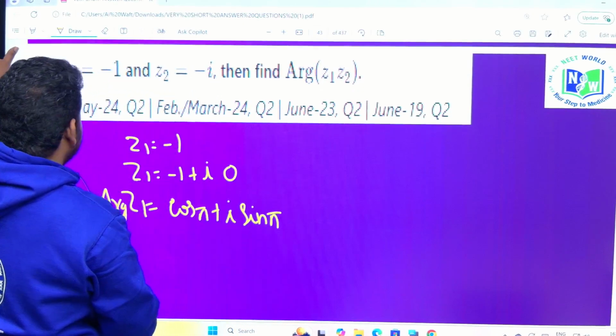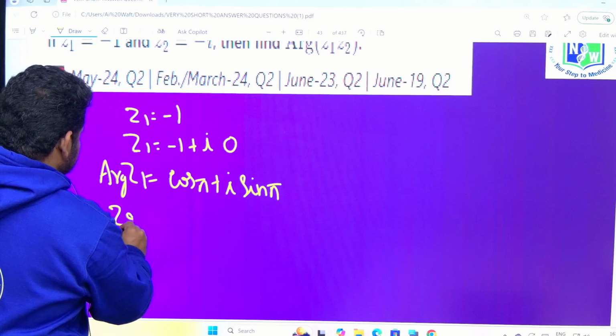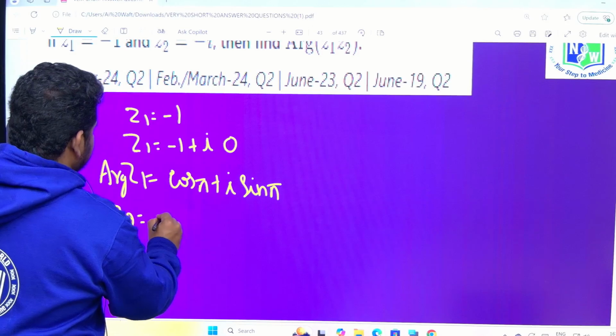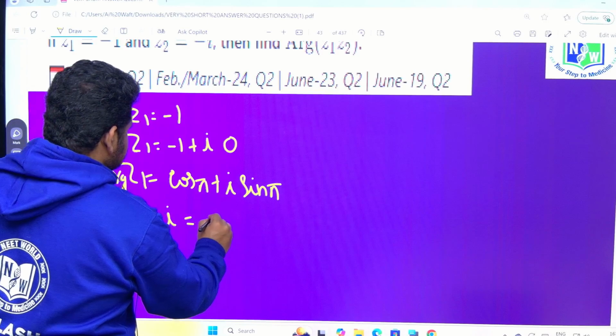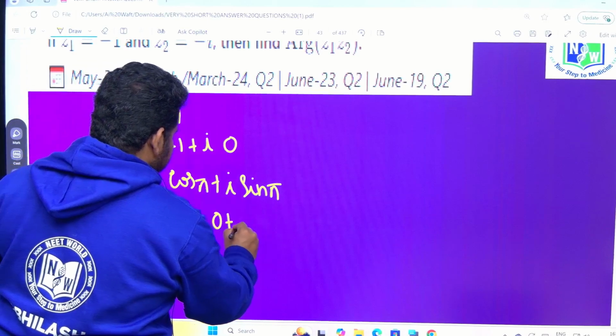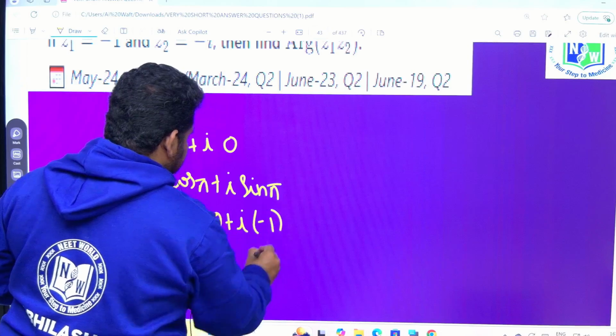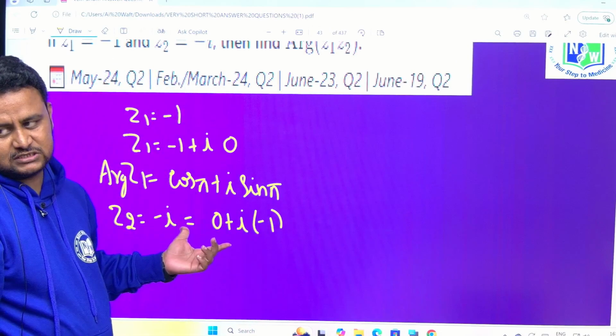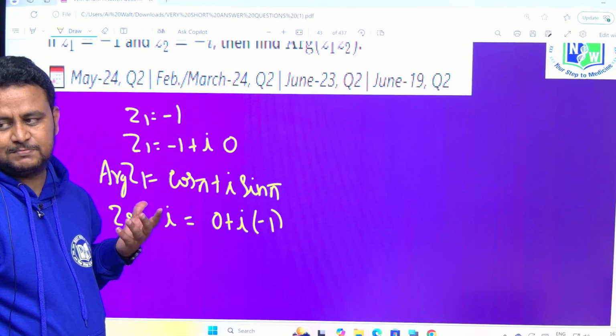Similarly, when I have to get z2, z2 is given as what? Minus i. So, this can be written as 0 plus i into minus 1. When will I get 0 for cos? I can write it as cos pi by 2.